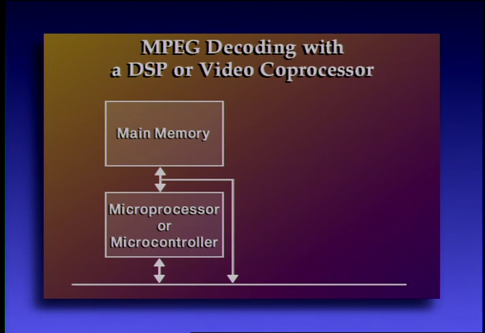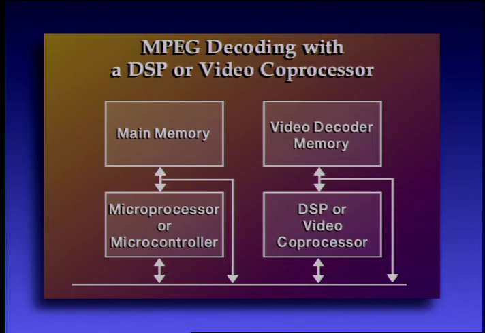This chart shows that in a general-purpose computer which already has a microprocessor and memory, MPEG decompression with this approach would require an extra DSP chip or video processor chip with its own private memory, which is needed for storing reference video frames and tables during the decode process.